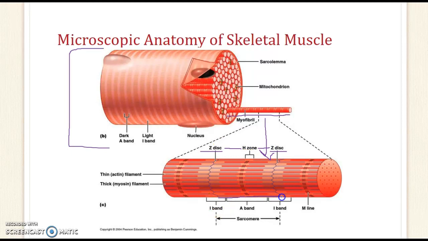Right here, this is one sarcomere, and then here's another one, and then you'd have a Z disc over here, and that would be ending. The H zone that we talked about is this zone in the center, and then the M line is the very center of that H zone.